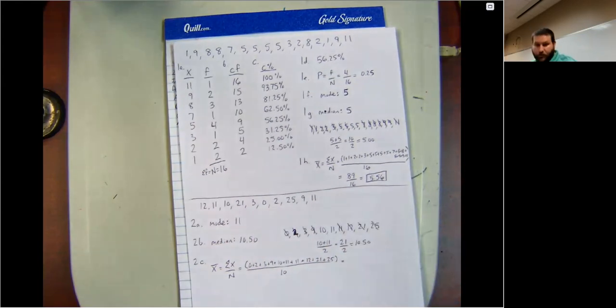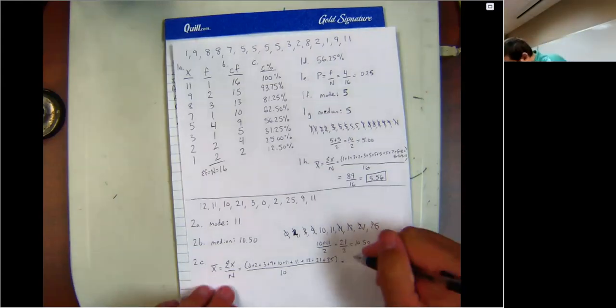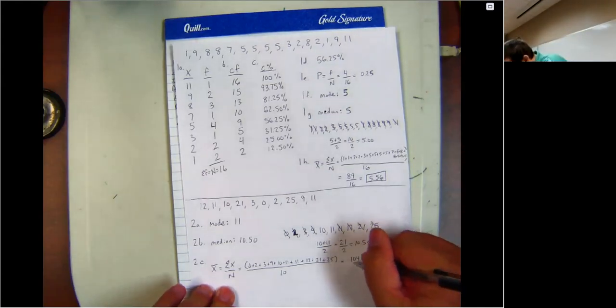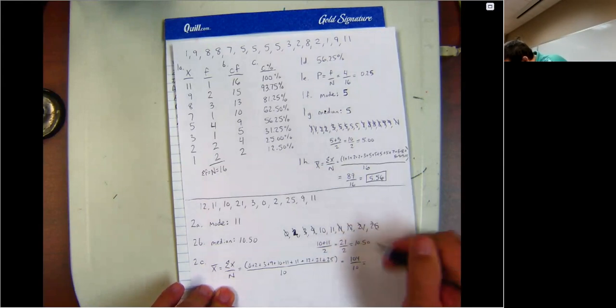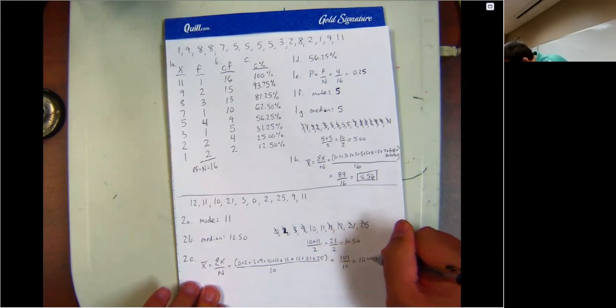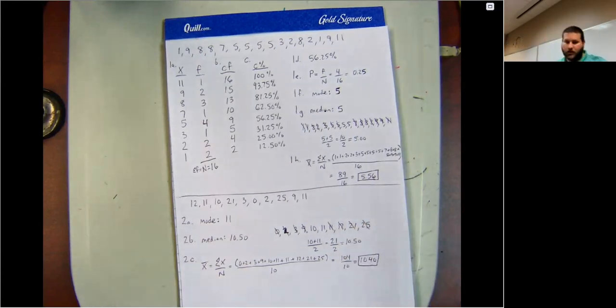If we add those up, we get a sum of the x's of 104. And if we divide 104 by 10, we get our mean, 10.4.